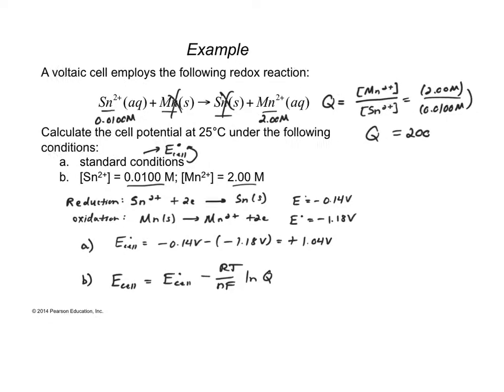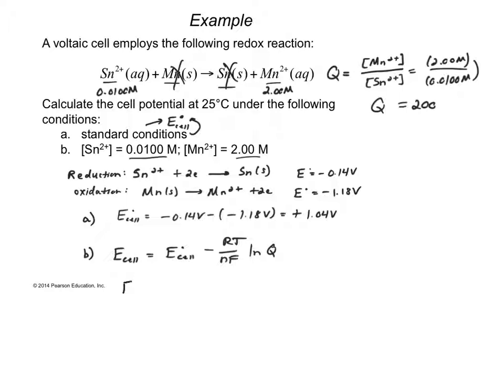Okay, so now that we have that, we already know the standard state cell potential, a positive 1.04 volts. Now, R, standard R, 8.314. T, what temperature are we at? I forgot. 25 degrees Celsius, so 298 Kelvin. What is n? The number of moles of electrons.